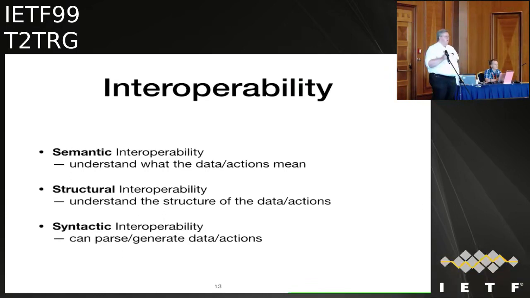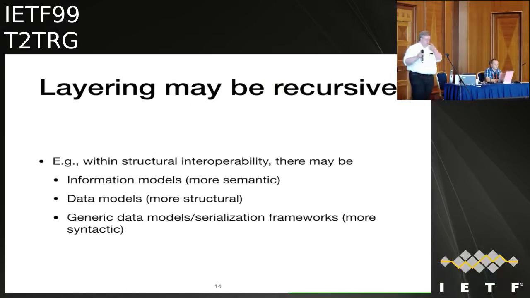Now, as with most layered architectures, in reality, we have recursion. So for instance, if you look into the structural interoperability layer, you actually find that there are structures that are more on the semantic level, which you typically call information models.